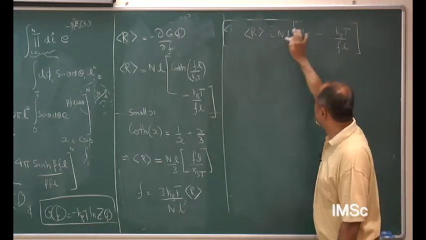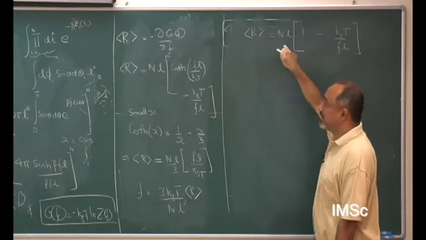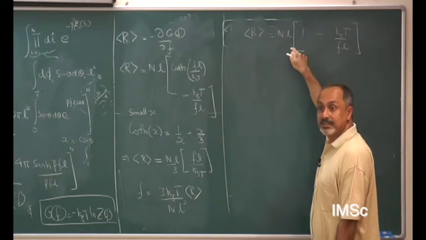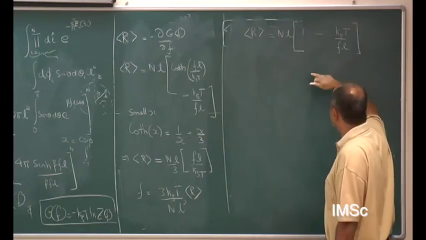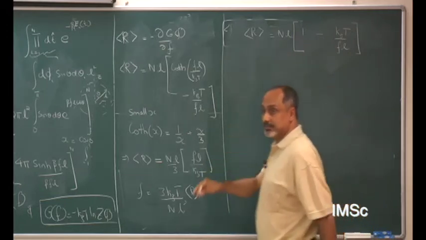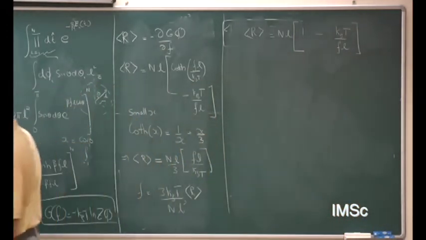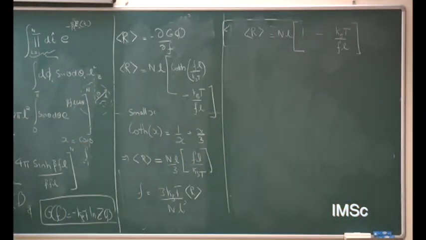So at infinite force, R is n times L. It cannot grow bigger than that. And the way it goes to that is through this 1 over f type of behavior. So it starts off the same as this Gaussian polymer case, but over here it behaves somewhat differently. And then it sort of behaves like that.